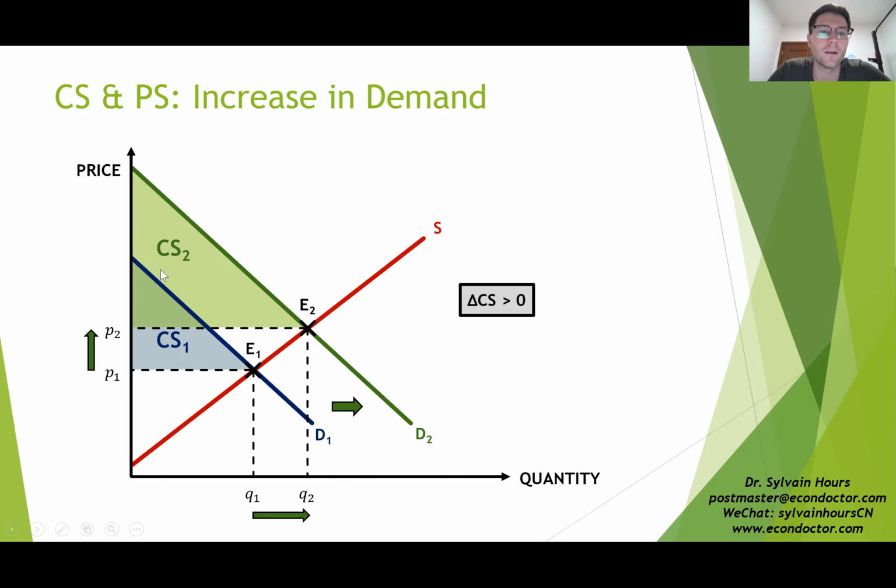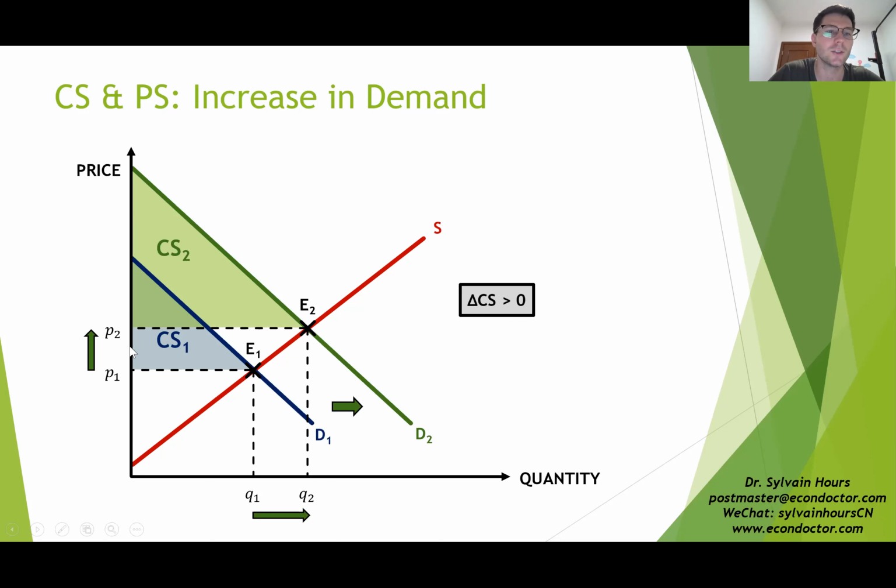Because the increase in demand, to put it simply, the demand reservation price increases by more than the market price. Always. Unless your demand is perfectly elastic. I repeat, the demand reservation price always increases by more than the increase in price.